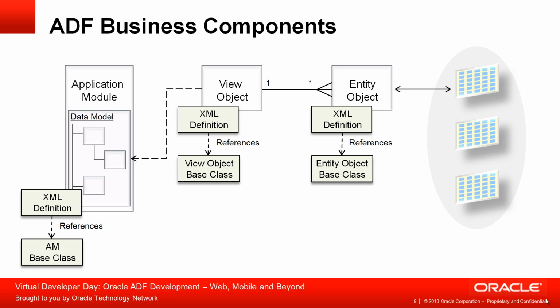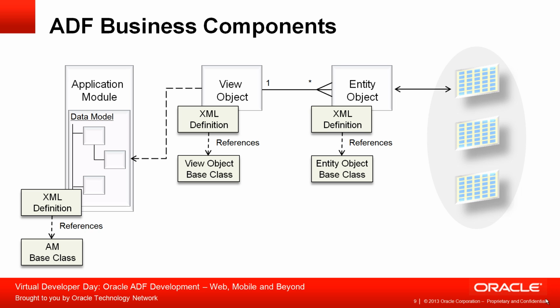And we will see later how you can extend the behavior or change the behavior of the default framework according to your needs. So just to finish this screenshot here, entities are accessed through view objects, and view objects have normal, regular SQL queries that query the data from the table that the entity object is bound to.